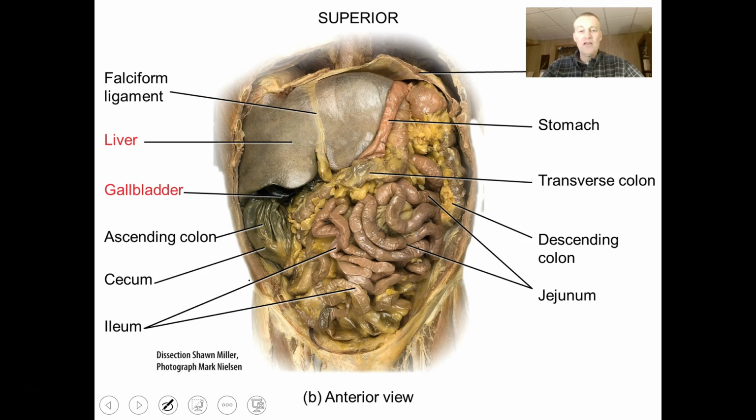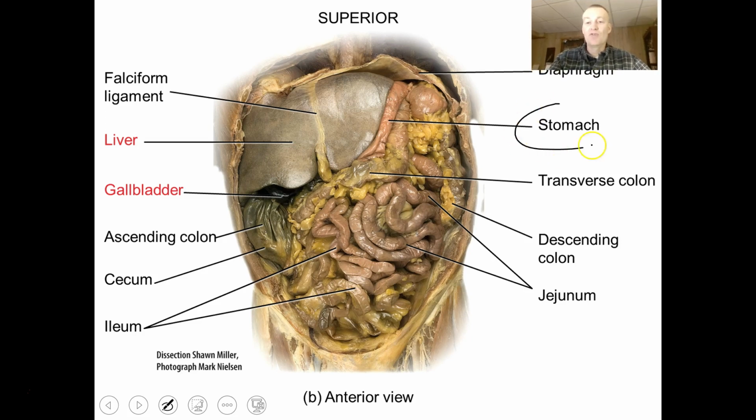So in a freshly dissected body, this is what these parts look like, and so you get a sense of that. So here's your stomach over here, and here's the liver, gallbladder, and in this particular diagram, you can't see the pancreas. It's tucked in underneath, but you can see the portions of the small intestine.